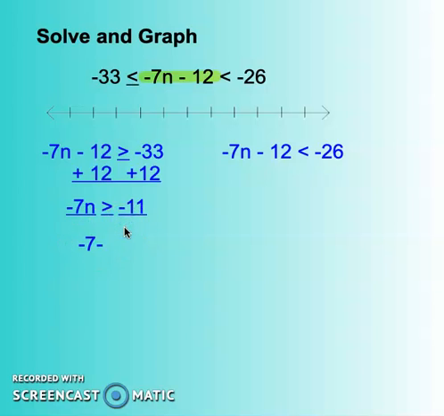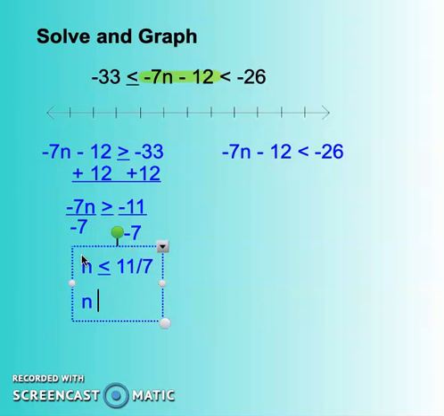And what happens is I get a fraction for my answer on this one. But if I change this to a mixed number, then it'll help me to graph it. Remember I divided by a negative, so that means I have to flip the symbol, and we get n is less than or equal to 11/7.